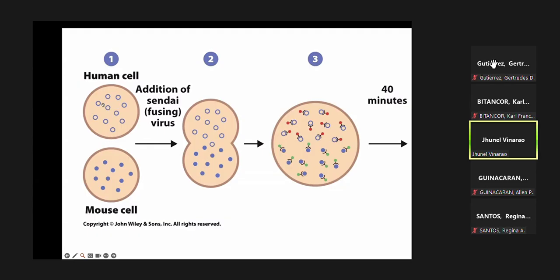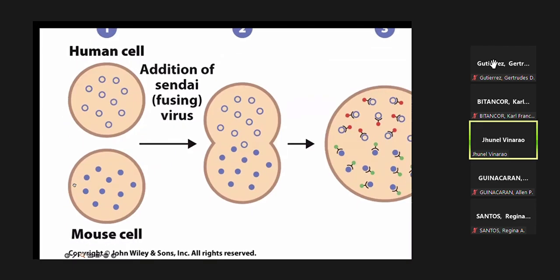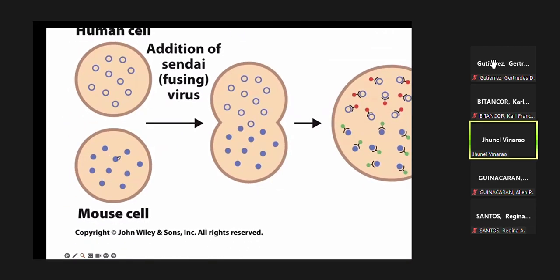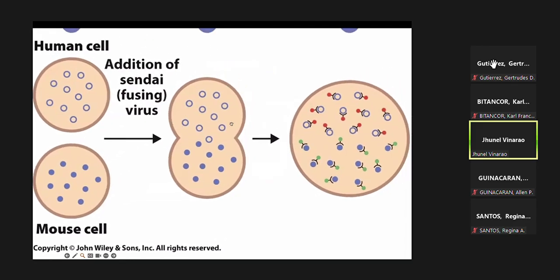So, okay, these hollow circles are proteins from the human cell. And these densely colored proteins are proteins in the mouse cell. So when they fuse, as you see, there is a concentrated protein in the human cell and in the mouse cell.